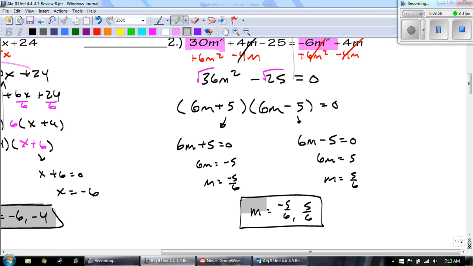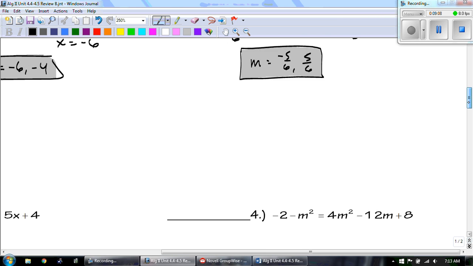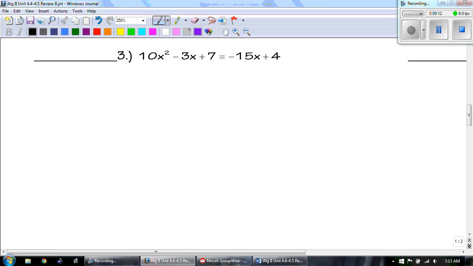Perfect squares are nice because you can solve those ones fairly quickly. So once again, I'm going to come up here and put my answer on the line. Well, there we go.